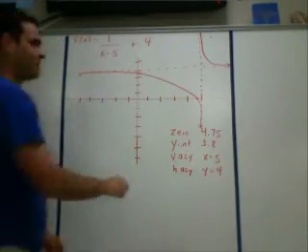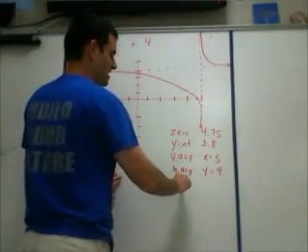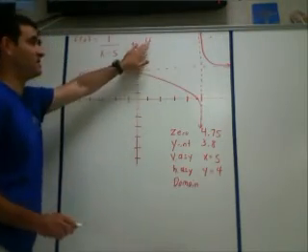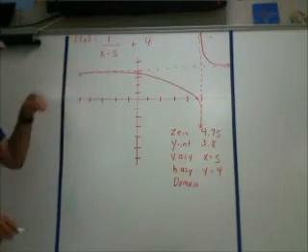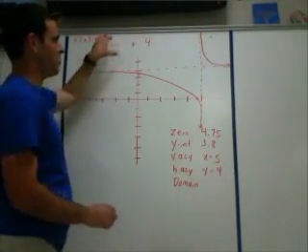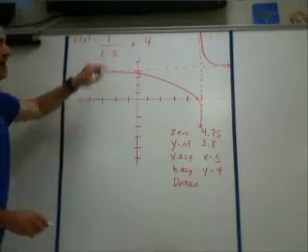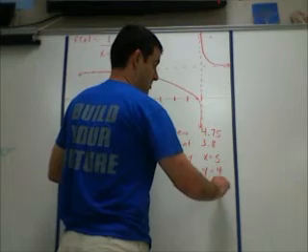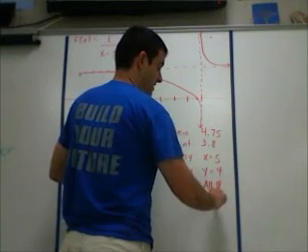Your domain and range here: domain, remember, is easy. Just look at your excluded value. And this 4, by the way, does not change the fact that this is an excluded value, because I still can't have any denominator at a 0 regardless of what else is in there. My domain is all reals except 5. All reals except positive 5.